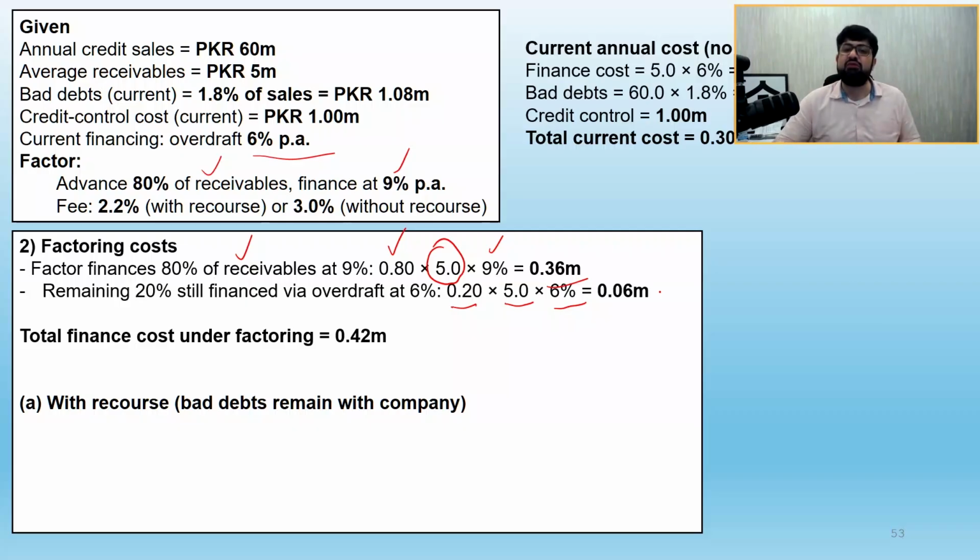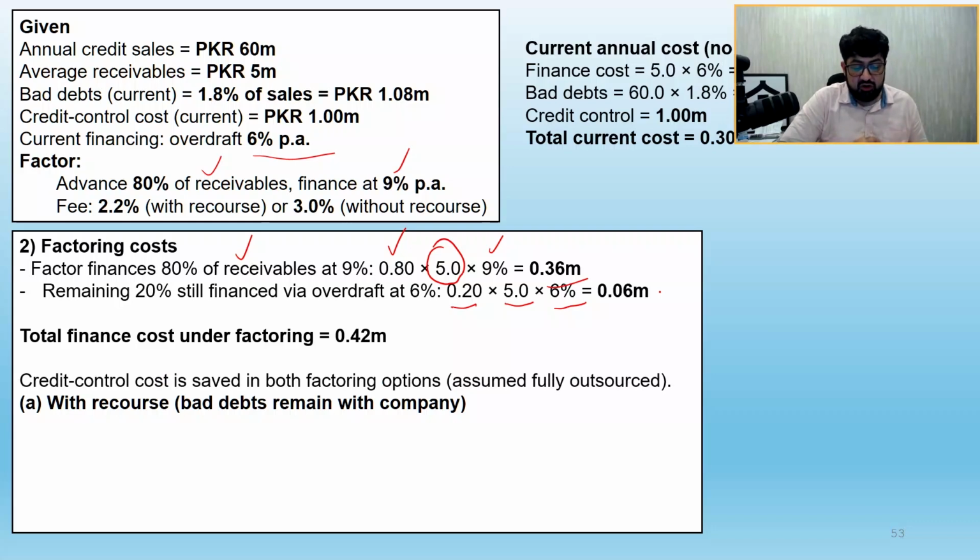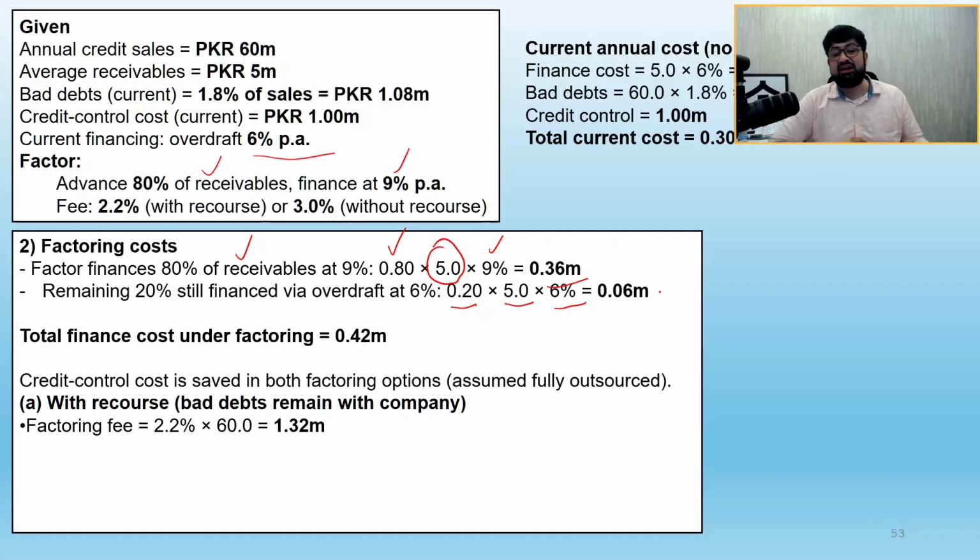Now, when there is with recourse factoring, what will happen? First of all, there is the factoring fee. Factoring fee is 2.2% of sales, so 60 million, that is the factoring fee. Then there is zero credit control cost, so that 1 million will be ignored here.